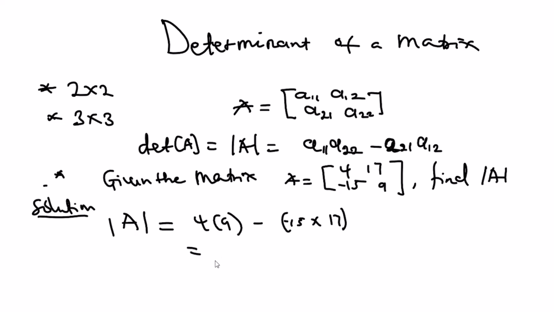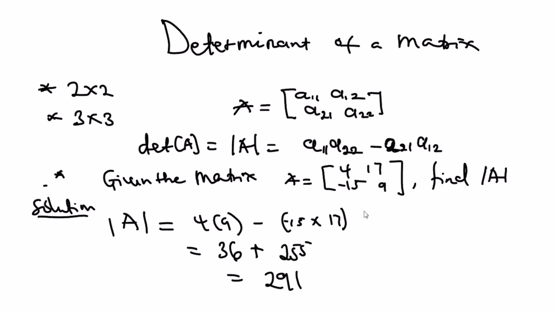So this is going to give us 36 plus 255, and we get 291. Yes, so this becomes the determinant of that matrix given.